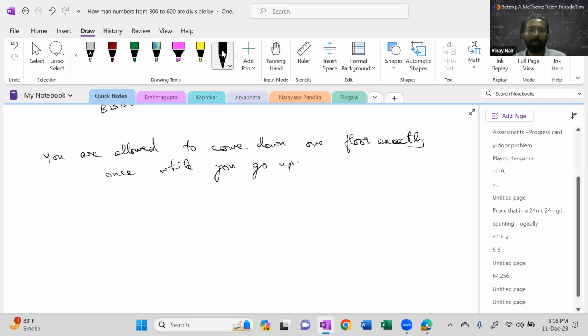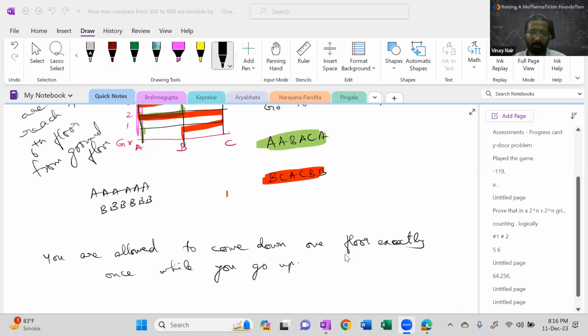Then how many ways are there to reach the 6th floor? Okay, so this question is for Achudan, Raga, Shivansh, Amit, Seon, Johan, Samrid.